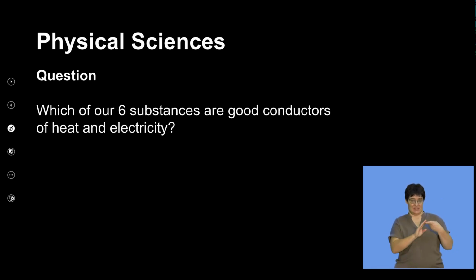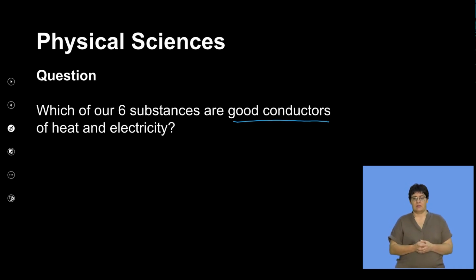And then which of the 6 substances are good conductors of heat and electricity? We already identified some of the materials as metals, some non-metals, and silicon being a metalloid, which we would also say is a semi-metal. The question says which of these 6 substances are good conductors of heat and electricity, so it's both thermal and electrical.